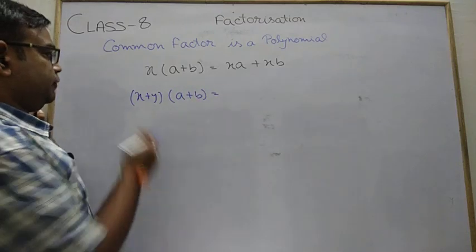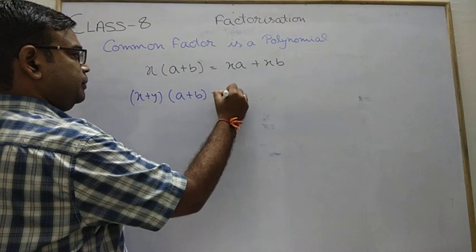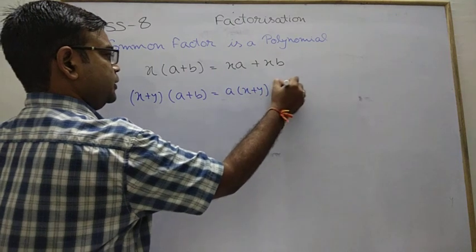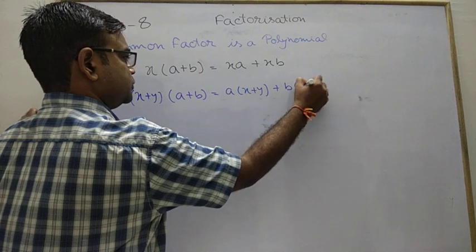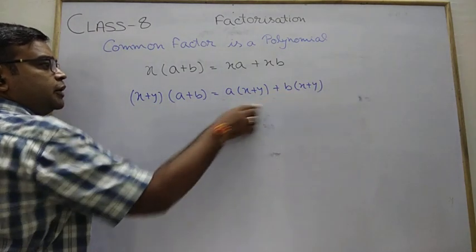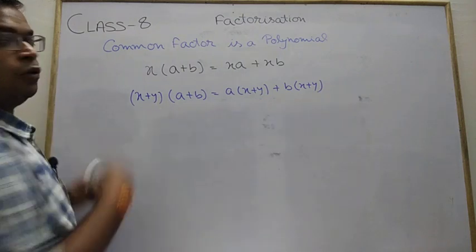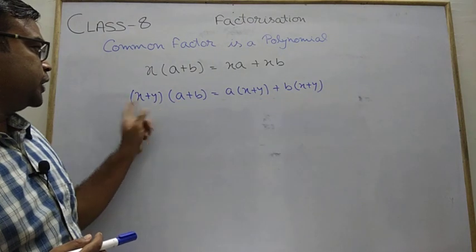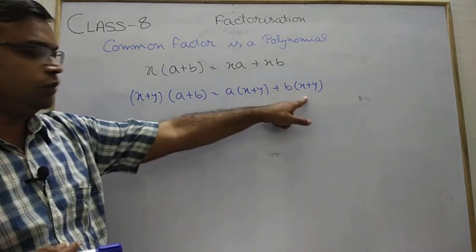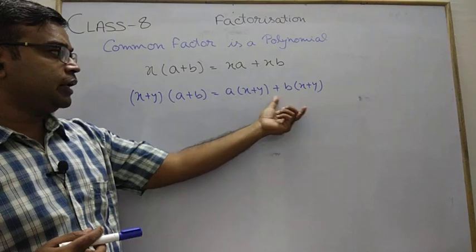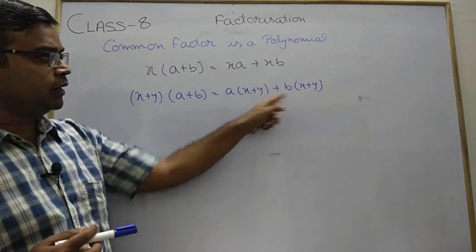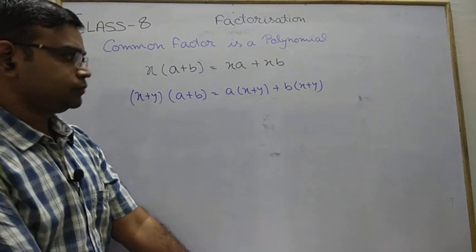Then if we multiply, we get a into x plus y plus b into x plus y. This thing comes into the picture now. If you multiply these two polynomials, a is multiplied by x plus y, b multiplied by x plus y. When we see this, x plus y is a common factor in both terms.